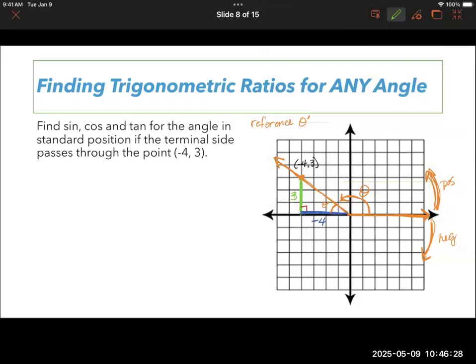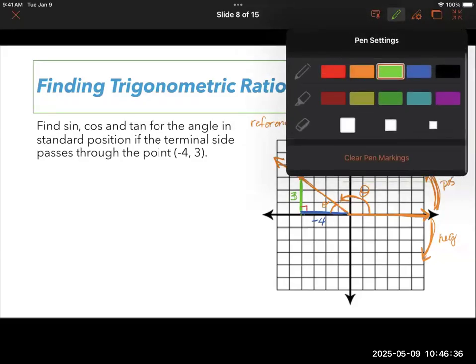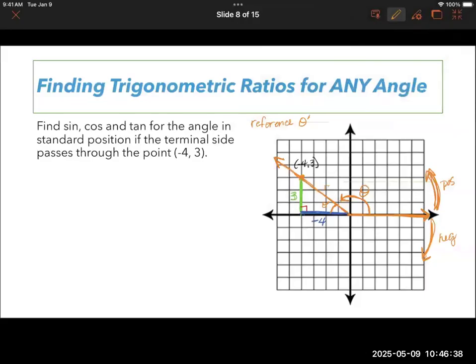So I already have two of the sides in my right triangle. And using the Pythagorean theorem, I can come up with my hypotenuse, the distance from the origin out to that point, which is going to be 5. Now, having the measurements for all three sides of my right triangle, I can write my trig ratios.